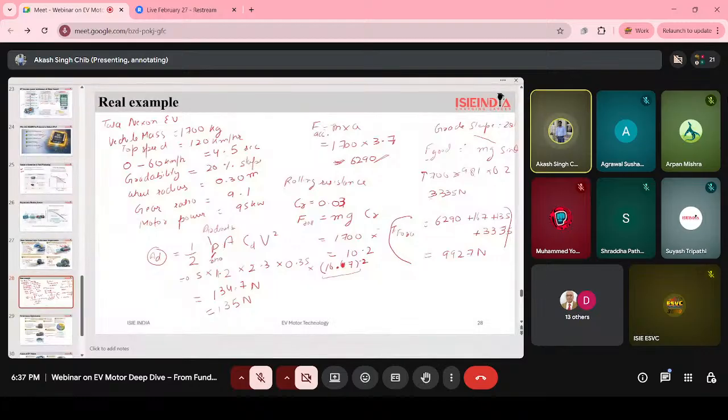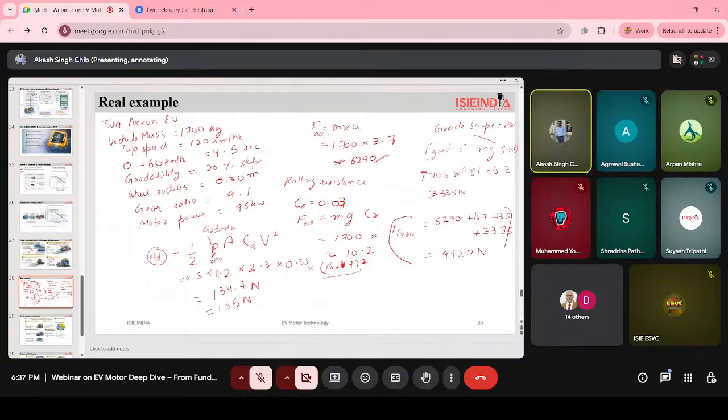You can calculate all these and choose the right motor and the best vehicle for you. In EVs, the PMSM motor has better efficiency, 90 to 97%, so you will consider the PMSM motor first.